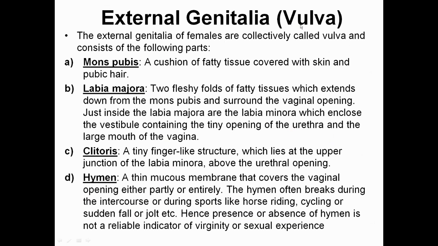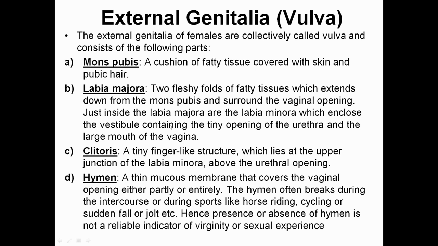External genitalia, all in all, is referred to as the vulva. It comprises four sections: mons pubis, labia majora, clitoris, and hymen. Mons pubis is a cushion of fatty tissue covered with skin and having pubic hair. Labia majora: labia means lip-like folding. Two fleshy folds of fatty tissue extend down from the mons pubis and surround the vaginal opening.